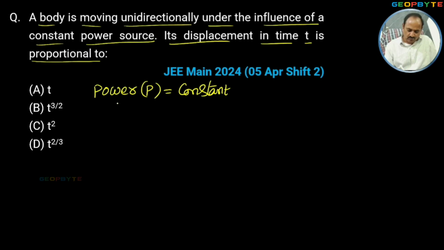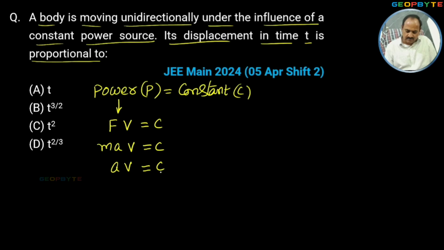For that, as you know, the power P equals force multiplied by velocity, equal to a constant, let the constant be C. But force equals what? Ma, according to Newton's second law, into V equals constant. Acceleration into velocity equals constant by mass, which is another constant, let that be C1.